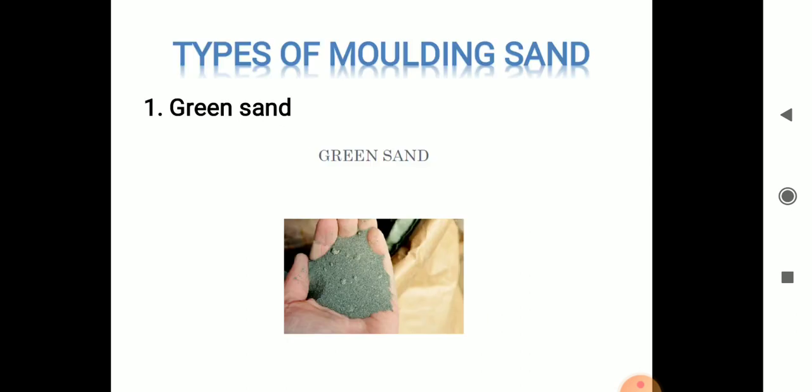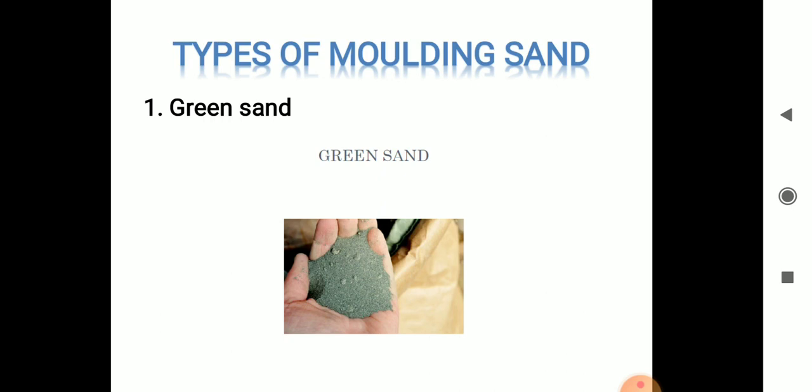Then the next topic is types of molding sand. There are many types of molding sand. First one is green sand. See in the figure, it is a figure of green sand. Green sand is the sand used in the wet condition for making the mold. It is a mixture of silica sand with 15 to 25% clay and 6 to 8% water.